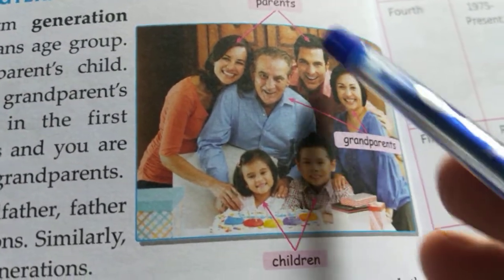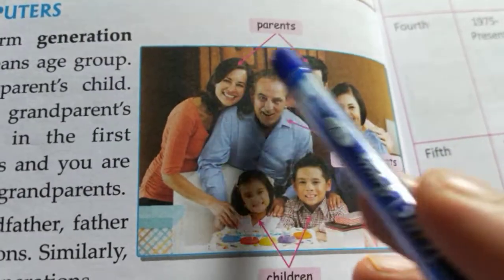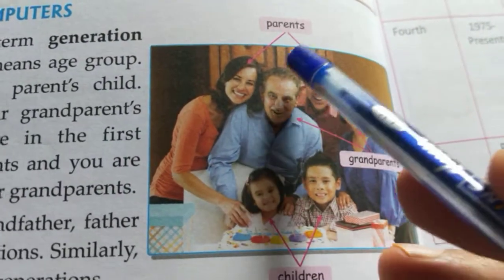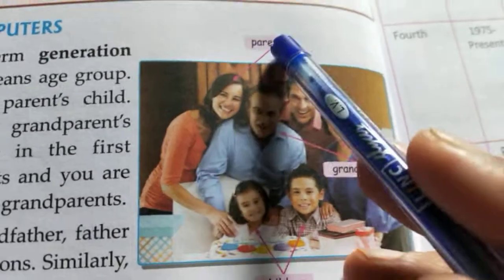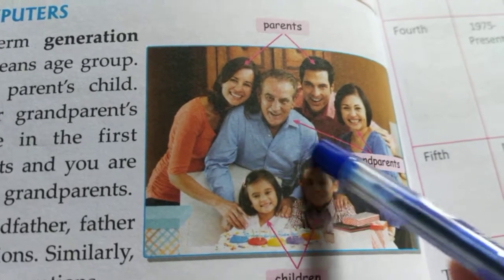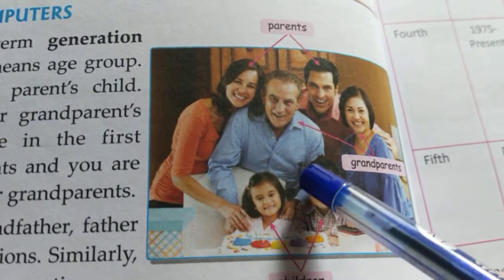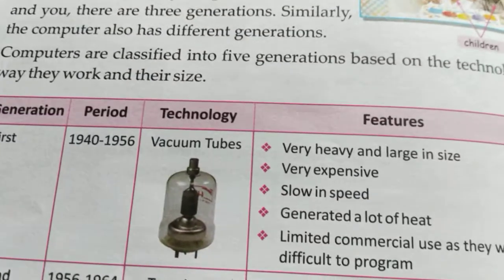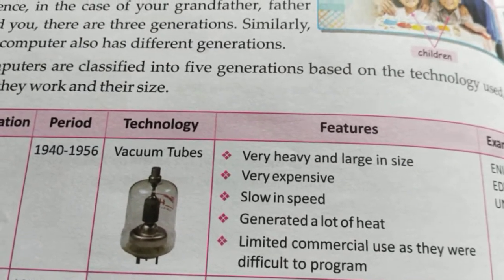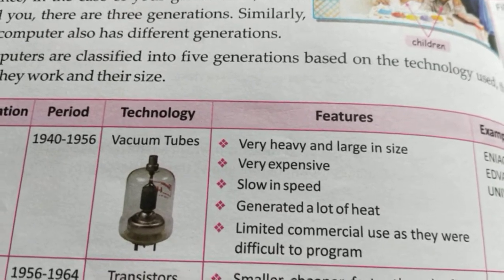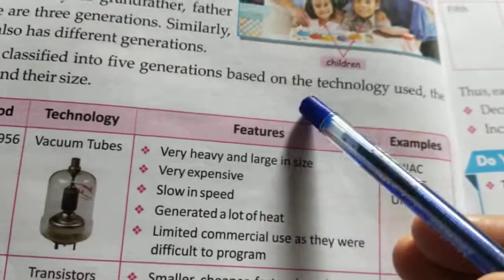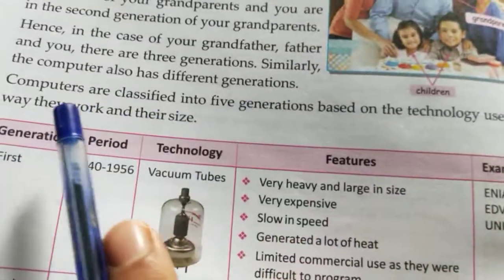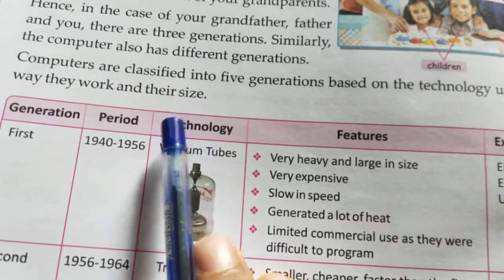According to your grandfather, your parents are the first generation and you are the second generation. In a similar way, generations have been classified in the world of computers, and they are based on the technology used, the work and the size.